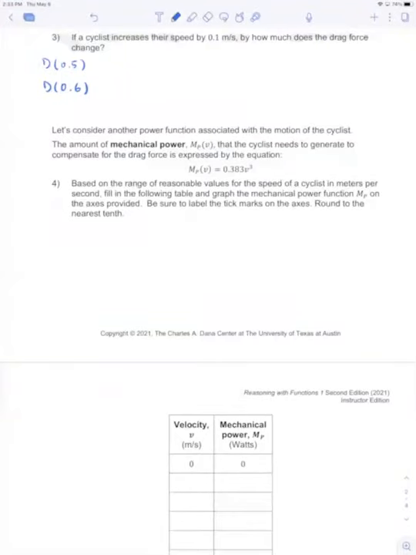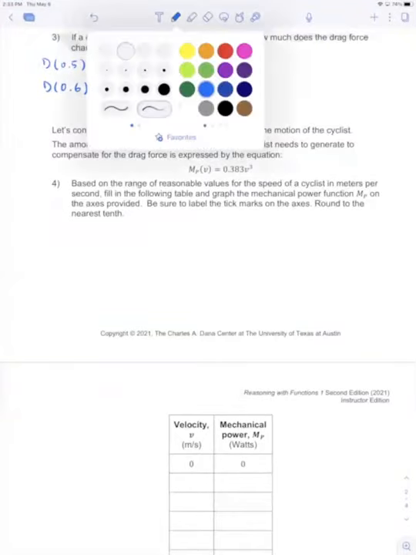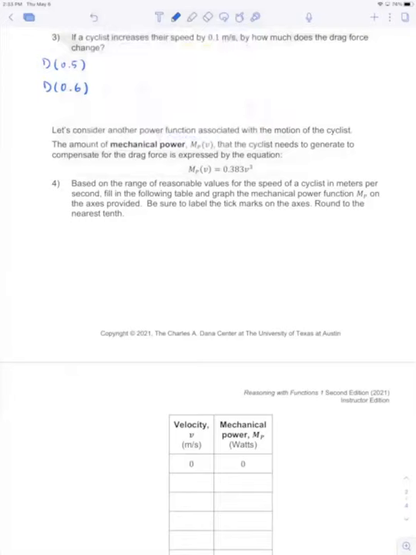So what we did was, let me just quickly write this. We took d of 0.6 minus d of 0.5. Let me slow down a little bit. And I'm going to round this so we get a number that's pretty close to 0.042. And remember, we're in newtons.